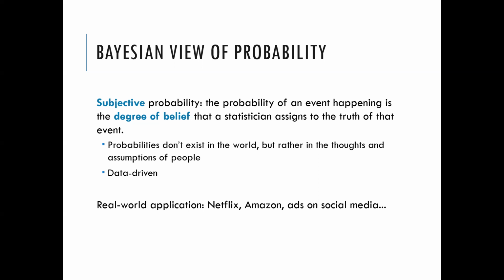This is very similar to, for example, if you're shopping on Amazon and Amazon suggests items that you might be interested in, and a lot of times this is going to be dependent on items that you've viewed or purchased on Amazon before. And ads on social media is another example of this. So everything is kind of updating as time goes on and more data are collected.